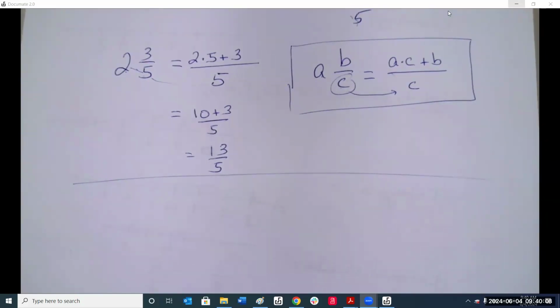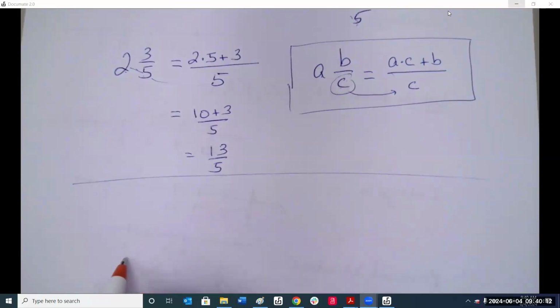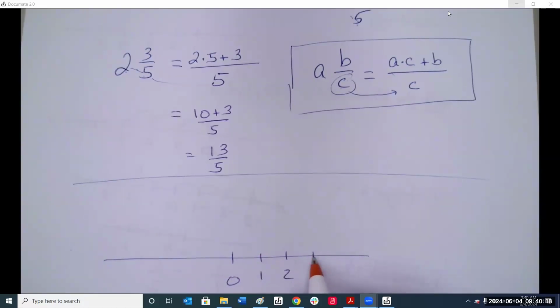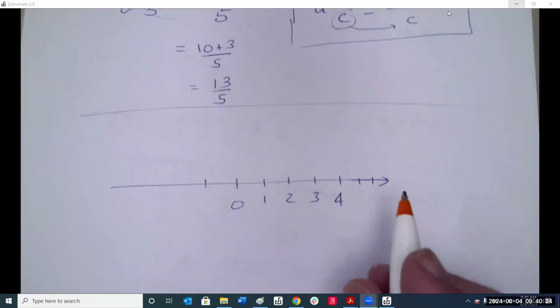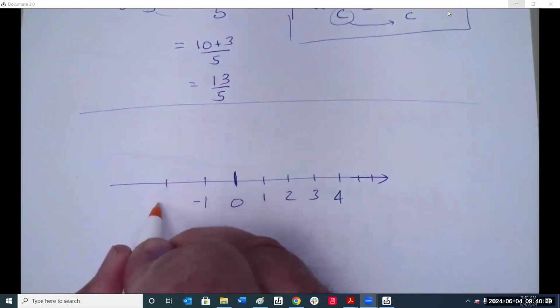So again, we're building our number line. To the right is positive, wherever zero is, to the right is positive, to the left is negative.